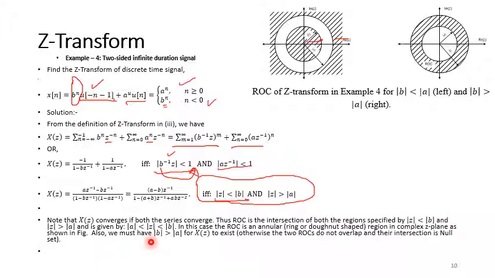Also we must have the relationship that absolute of b should be greater than absolute of a for X of z to exist. Otherwise the two ROCs do not overlap and their intersection is a null set. That means there will be no region of convergence, so no Z transform will exist.